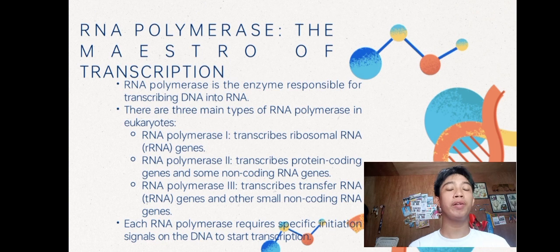So RNA polymerase 1 transcribes ribosomal RNA genes, while RNA polymerase 2 transcribes protein coding genes and some non-coding RNA genes. Lastly, RNA polymerase 3 transcribes the transfer RNA or tRNA and other small non-coding RNA genes. So each RNA polymerase requires specific initiation signals on the DNA to start transcription.